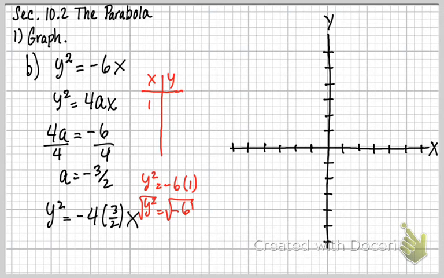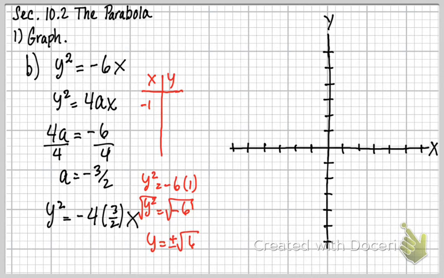So I have to realize what side of the x-axis I'm on. Since I'm on the left side, if I'm going to use anything, it should be a negative 1. And if I go through the math, I end up with y equals plus or minus the square root of 6, which is a terrible number.